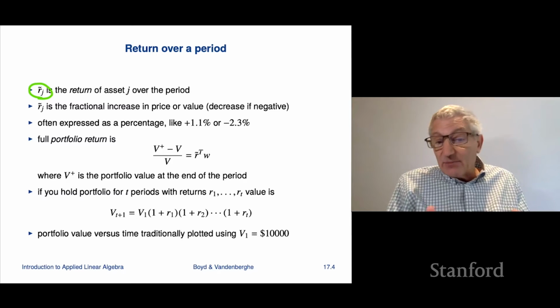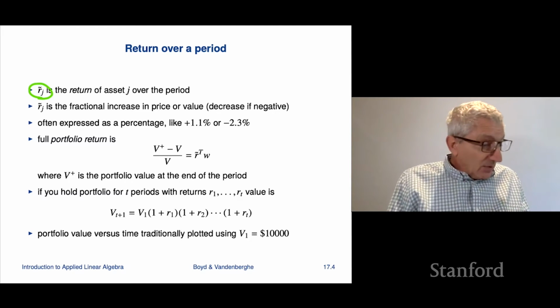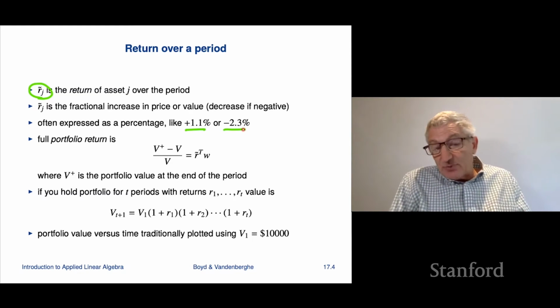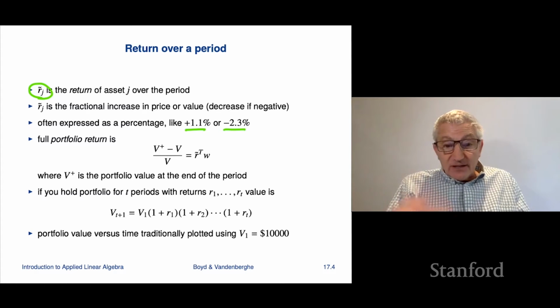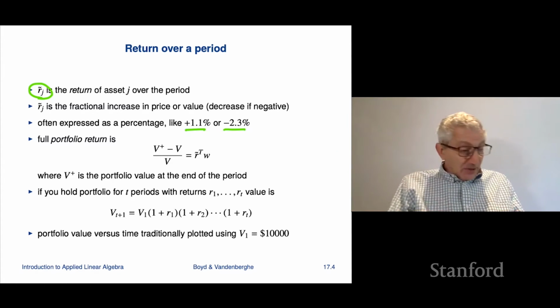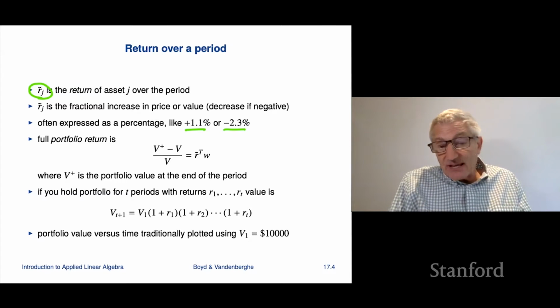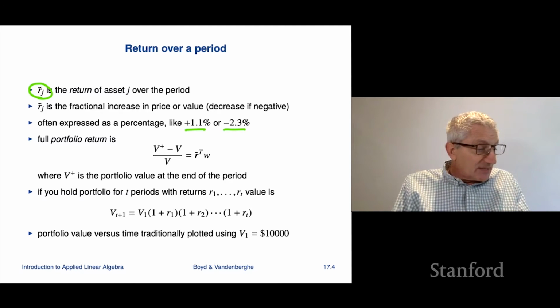If the return is negative, it means it decreased in value. And it's often expressed as a percent, like plus 1.1 or minus 2.3. So if you say the return was minus 2.3%, it means that for every dollar you put in, the value at the end of the period was 97.7 cents. Okay, so that's what that means.